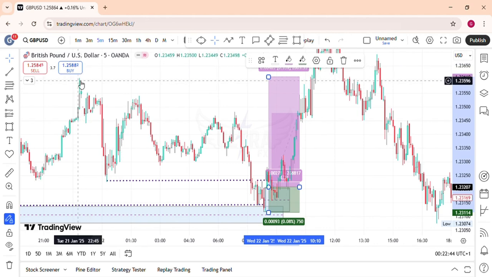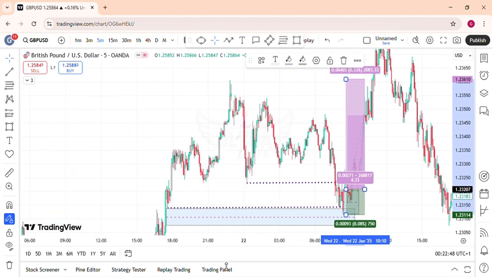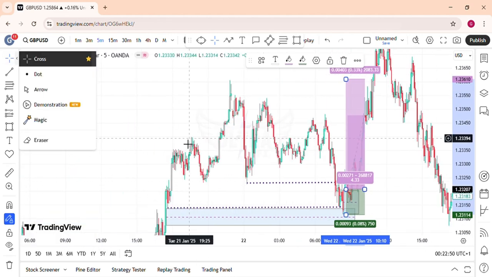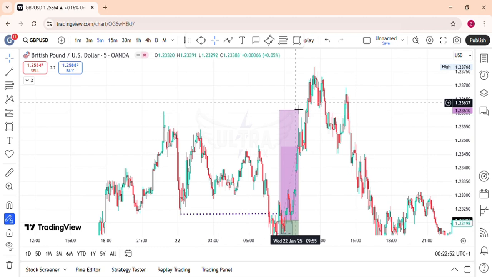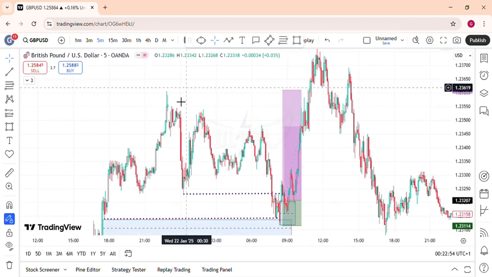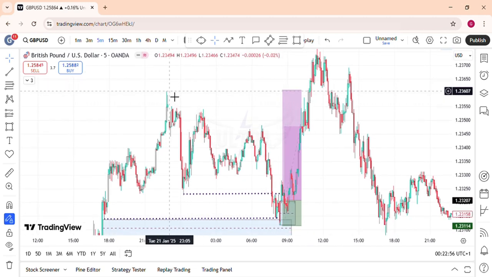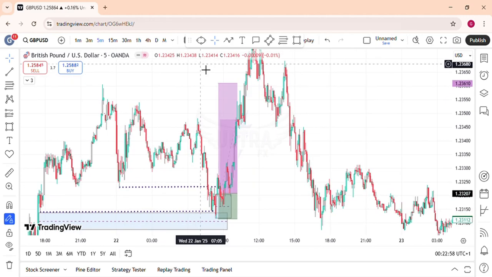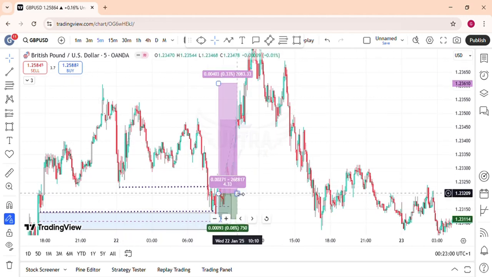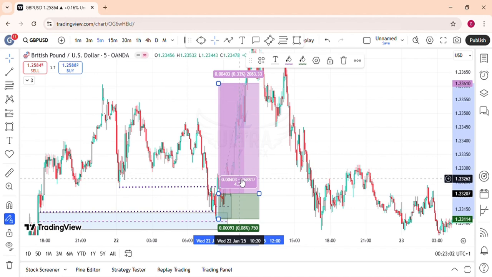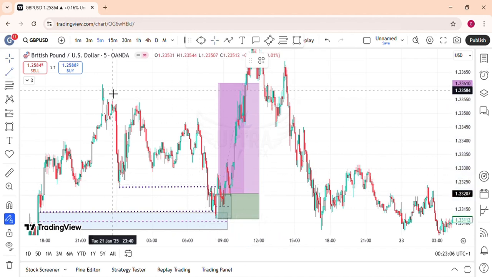You can see the previous high here. So when you take your entry, you make sure you take your profits above the previous high. So that is where you take your profit, giving you a 4.3 risk to reward.